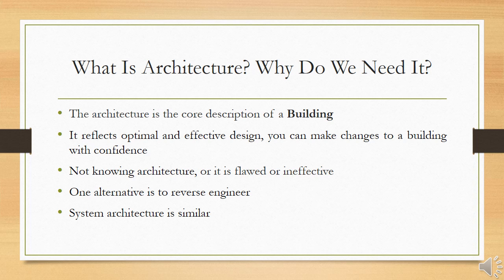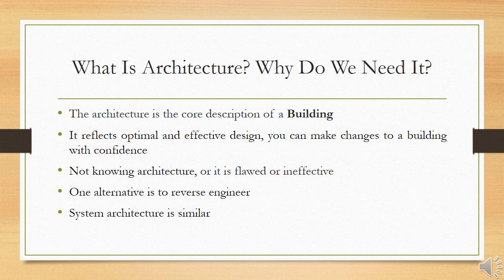If you don't know the architecture, or it is flawed or ineffective, making changes to the building is very difficult. If you make changes by trial and error, you might knock down a wall that is a load bearing wall, which will collapse part of the building.